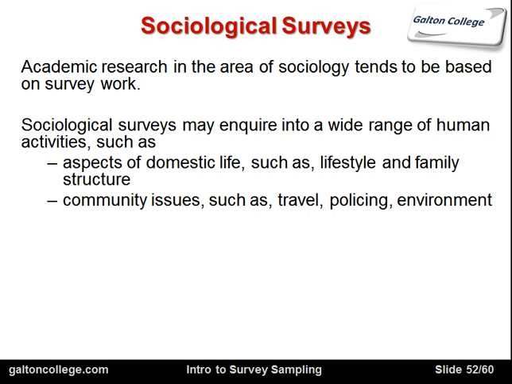So there's a lot of sociological work conducted mainly through universities into many aspects of life in the community. And these surveys tend to be published and may form the basis of subsequent, later surveys on a more extensive level.